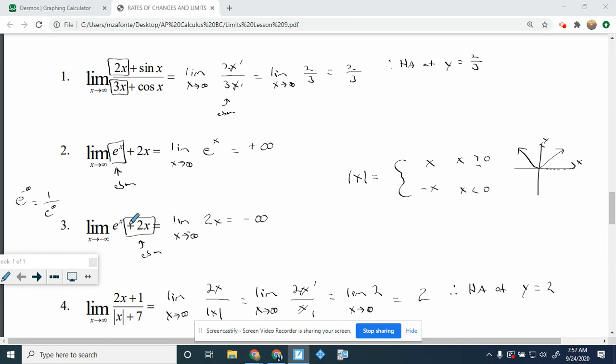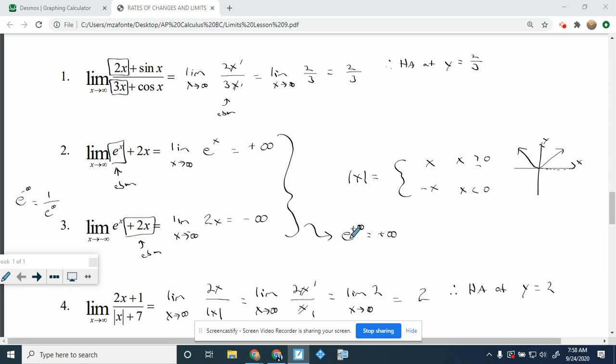You tend to see a lot of these e to the x expressions embedded in questions that they're going to ask you as limits go to infinity. So keep an eye on that. And I guess the general takeaway from here is, let's understand that e to positive infinity is basically positive infinity.